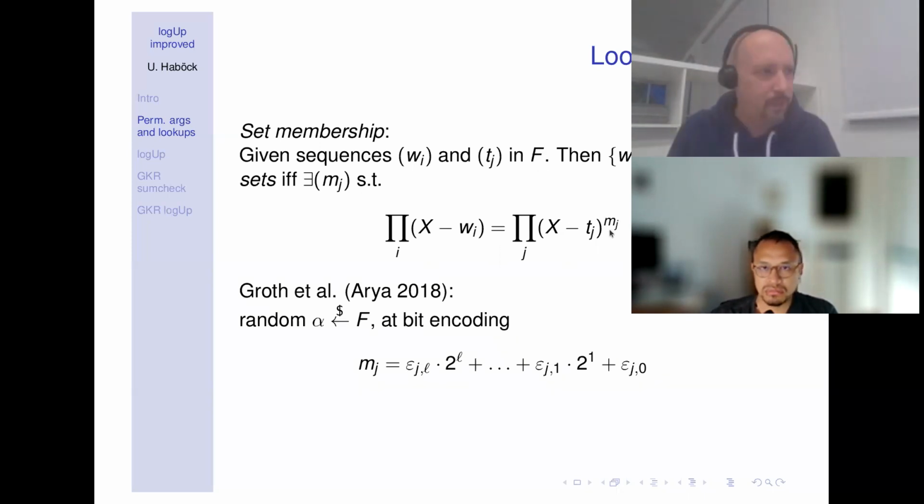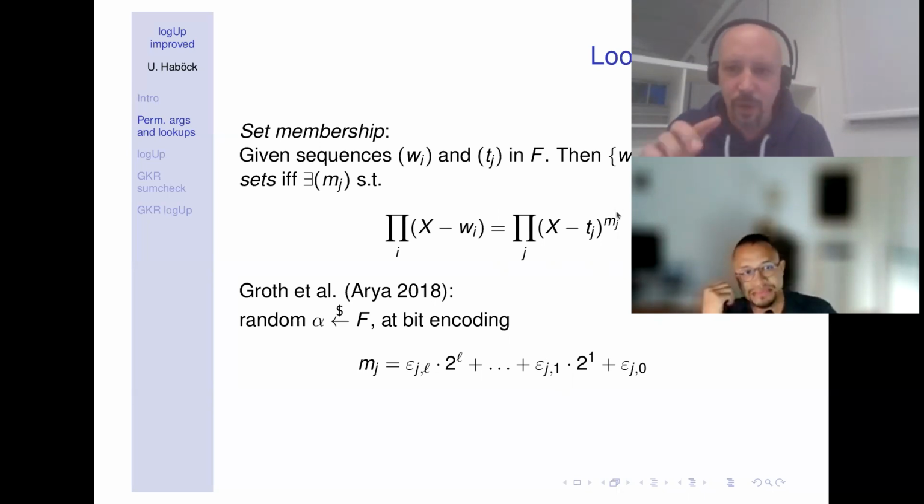The Aria paper from 2018 addresses this identity by providing a bitwise encoding of the multiplicities. So that means decomposing this product into products of two-adic powers of that witness sequence.